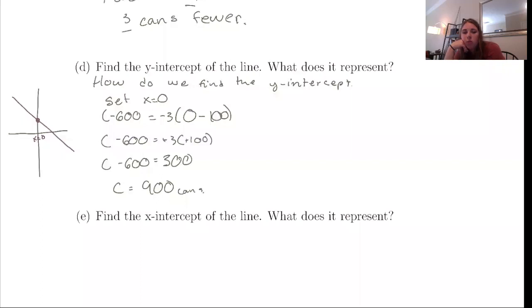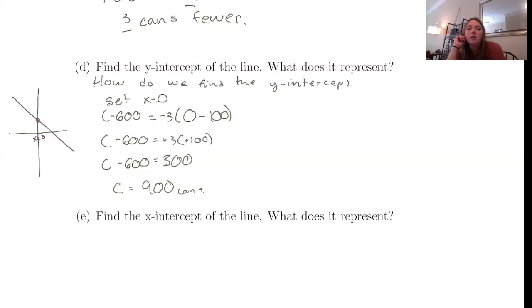I'm asking for D. We found the y-intercept, but we're trying to figure out what it represents. Think about what x equal to 0 represents and how I can phrase it.